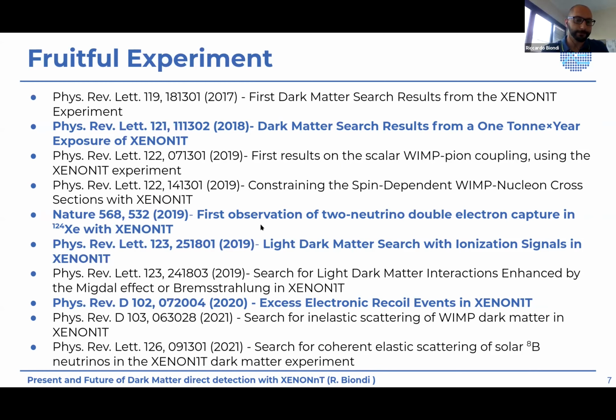I highlight some of the most important results here that I'm going to describe a little bit in this talk, from the first dark matter results to the last and most famous excess in electronic recoil from XENON1T data.